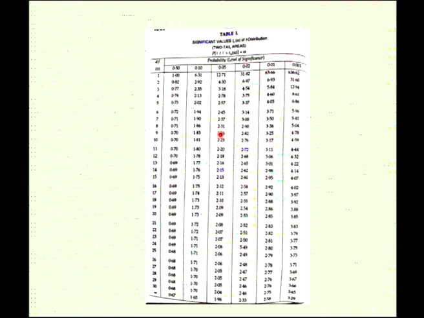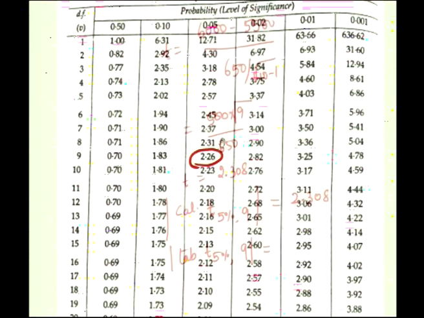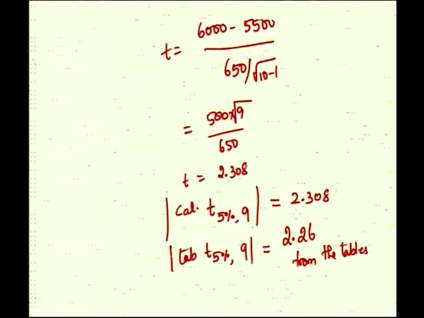Therefore, this is 2.26, isn't it? Nine degrees of freedom and the level of significance is 5%. This is the tabulated value for T at 5% and 9 degrees of freedom, 2.26 from the tables. Calculated value is 2.308 and tabulated value is 2.26.